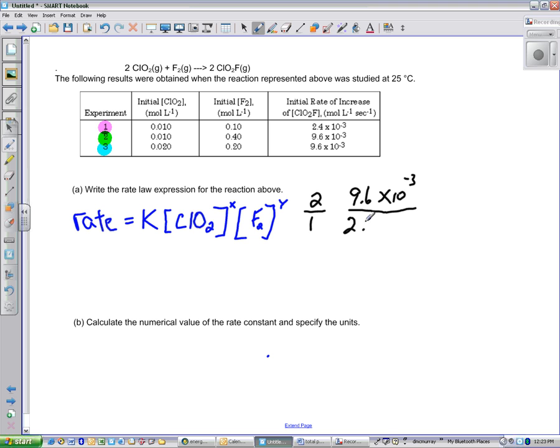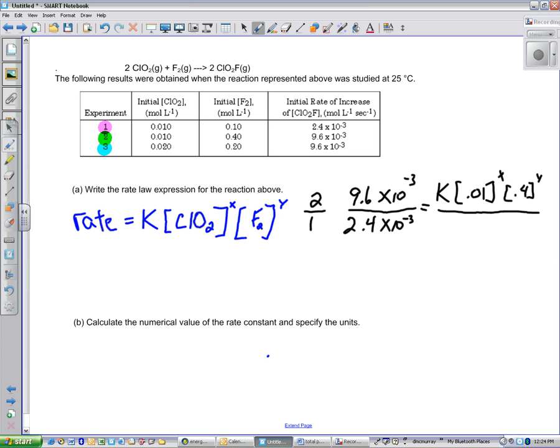Divided by 2.4 times 10 to the negative 3 equals the K times the concentration of ClO2, 0.01 to the X, and 0.4 to the Y.